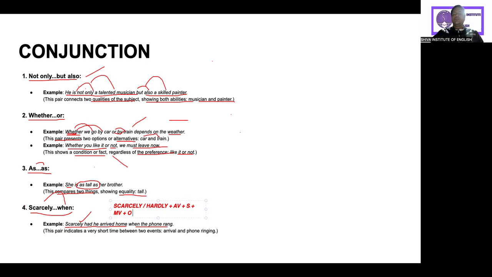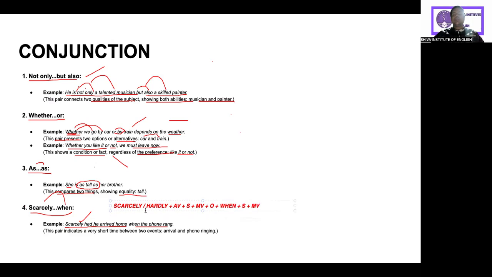And then after that you can use when, plus subject, plus the main verb, right? So in that case, the structure is this.